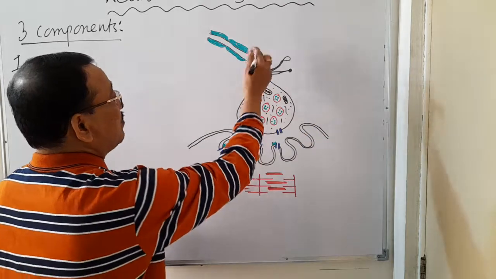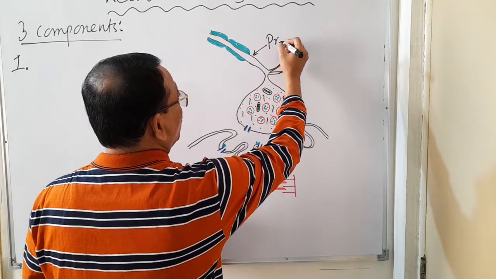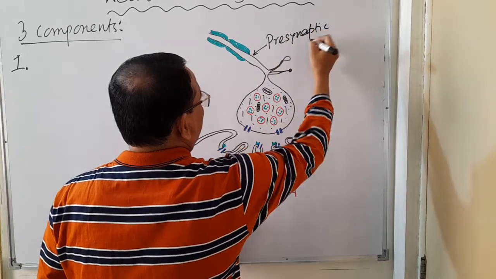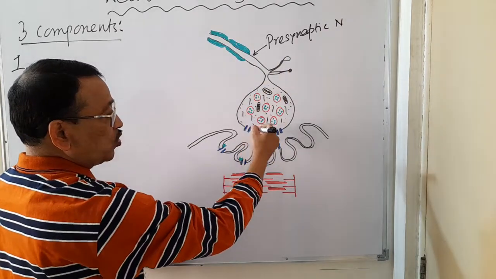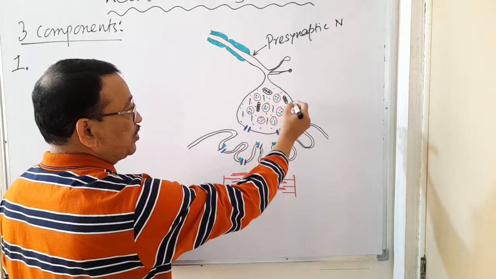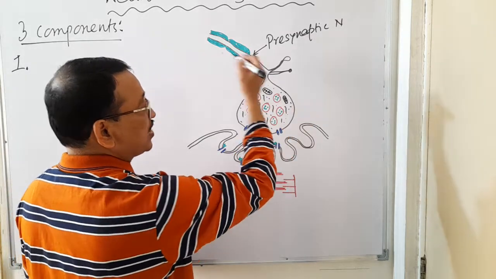So this is the nerve, and that nerve is known as the presynaptic neuron. The terminal of this presynaptic neuron is known as the axon terminal of the presynaptic neuron or the synaptic terminal of the presynaptic neuron.